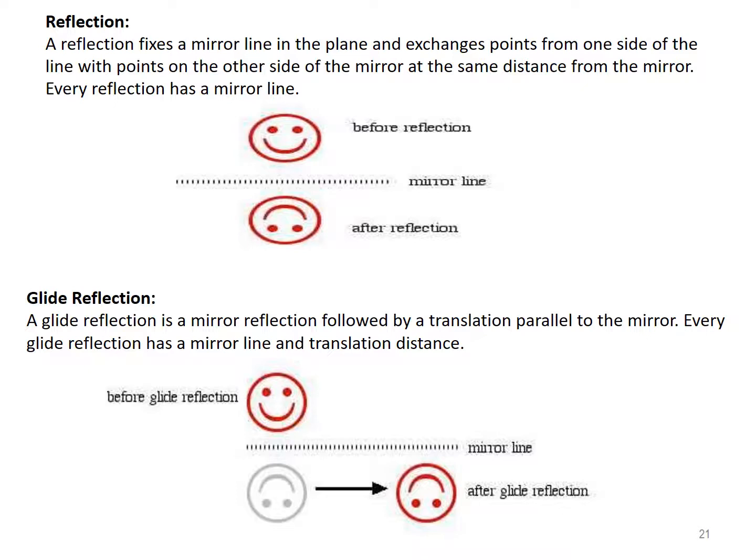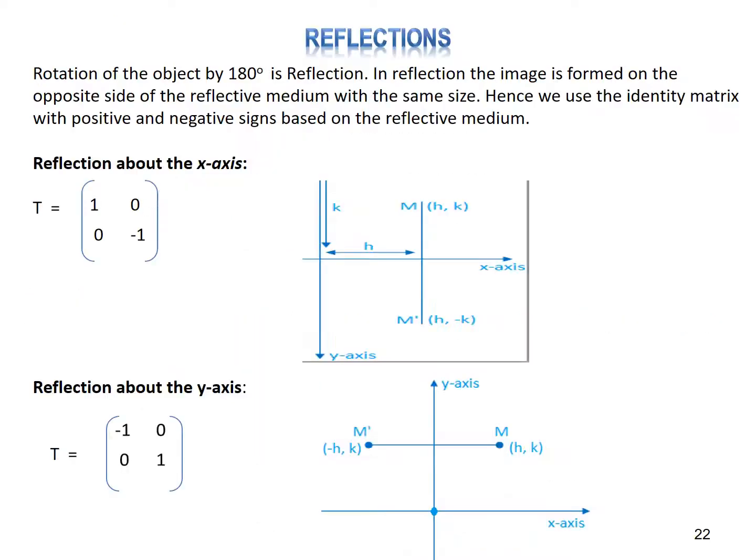Every glide reflection has a mirror line and translation distance. Even here, if you notice, the common point is just the position of the object has been changed but not the shape of the object. Hence, these four transformations have a common point of rigid motion.